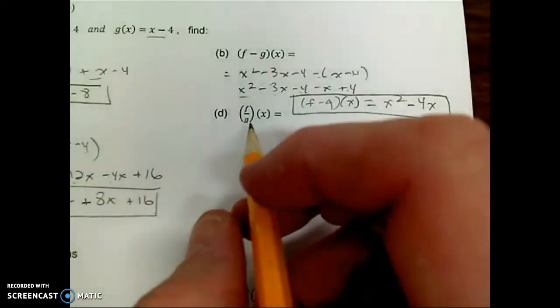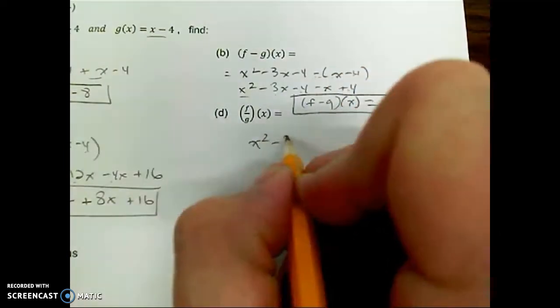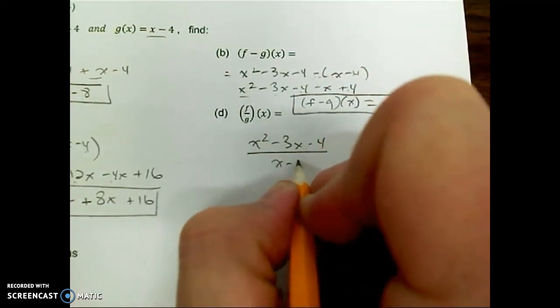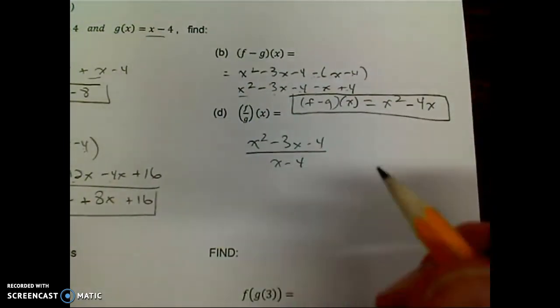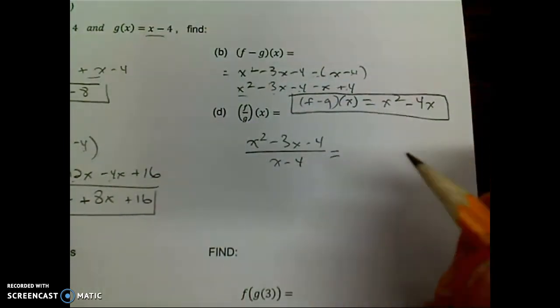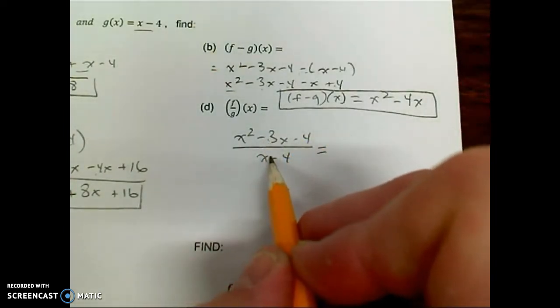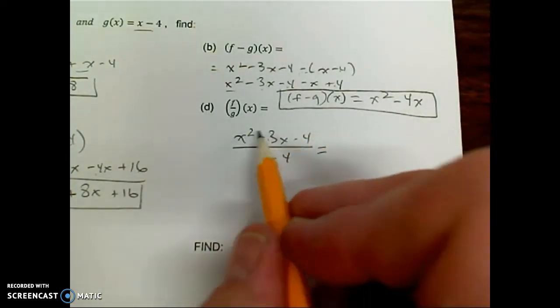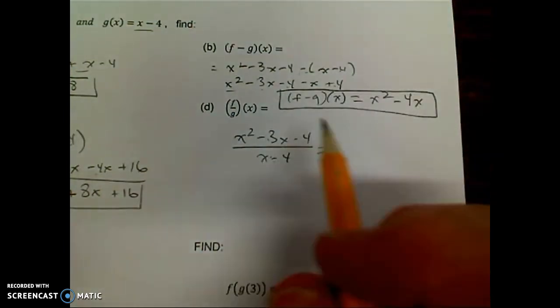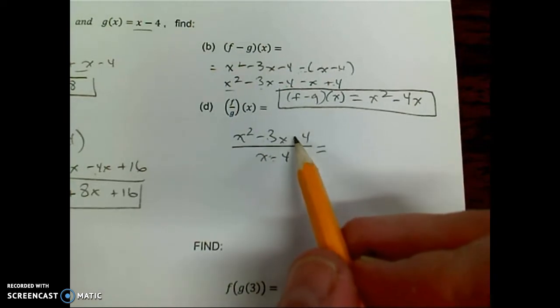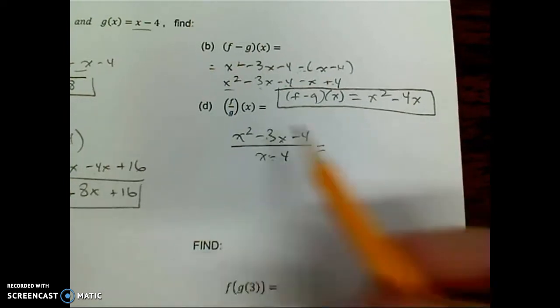And now to divide them. X squared minus 3x minus 4 over x minus 4. So one of the things that we're going to find a little bit later this semester is that we can identify common factors in the numerator and denominator even when we're dealing with polynomials. So I'm thinking to myself, can I factor x squared minus 3x minus 4? Two numbers that multiply together to make negative 4 and subtract to make 3.